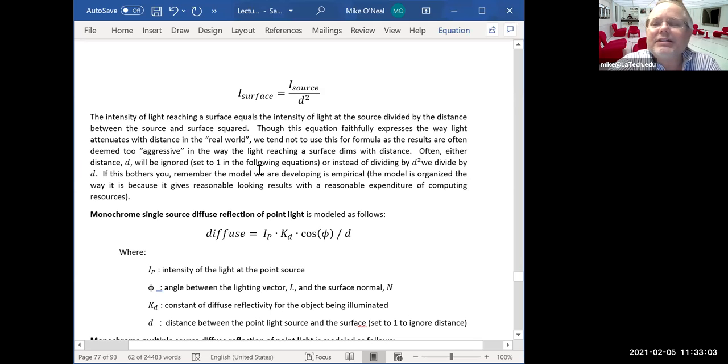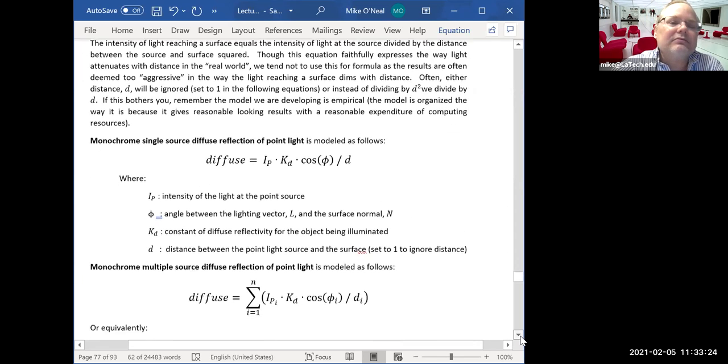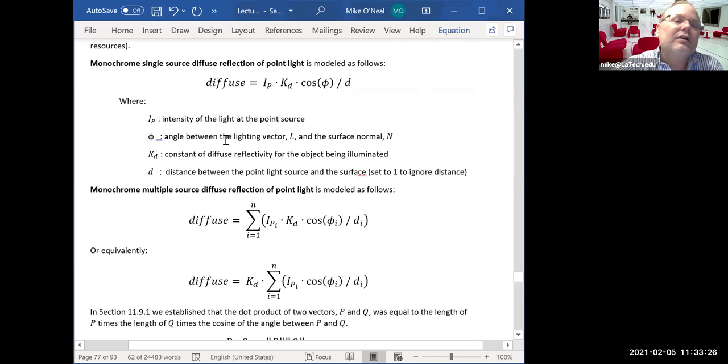And that causes the D to be ignored, essentially. So we're ignoring distance. So if you think of the intensity at the point light source, since we're ignoring distance, that is the intensity that arrives at the surface. It works good enough most times to produce something that looks reasonable, and that's what we frequently do.